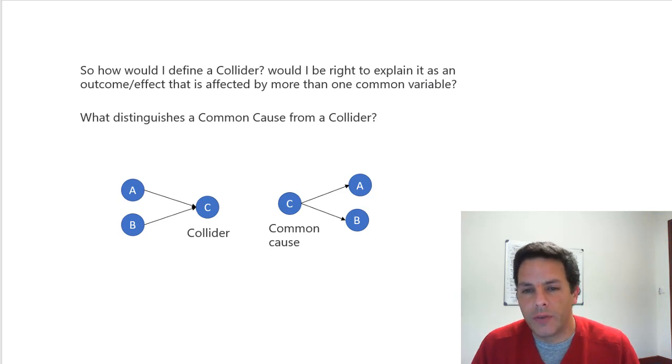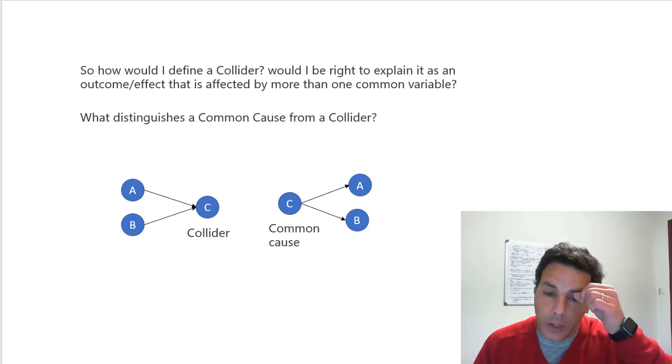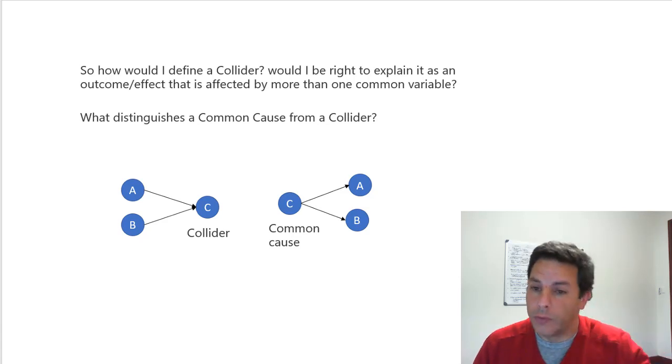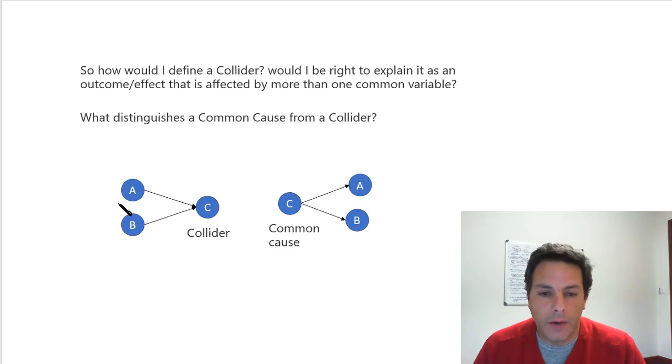If you get rid of the word common, then it would be perfect. Because it's not a common variable, it's 2 different variables. So you would be right if you say that the outcome or the effect is affected by more than one variable.